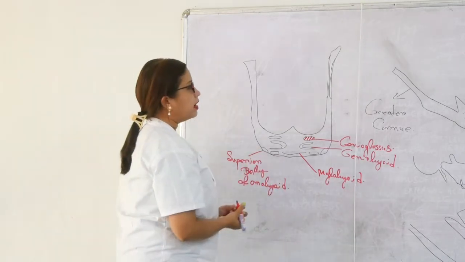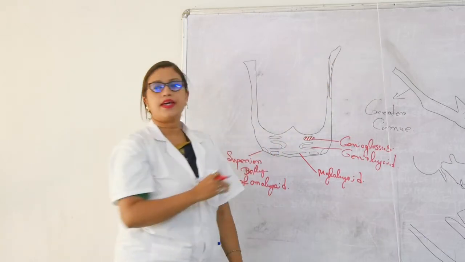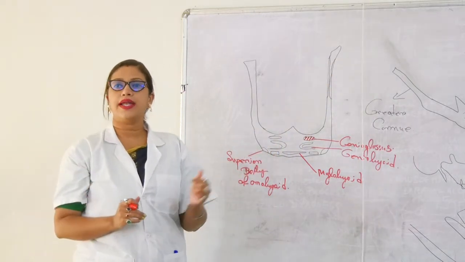Here you could see this is the greater cornu, on both sides. What is the attachment?